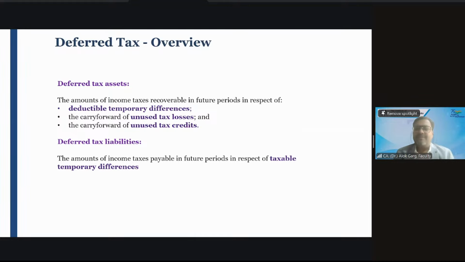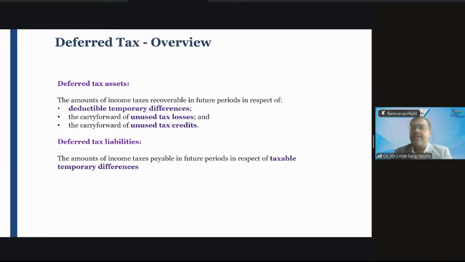You read this in AS 22. When you have business losses, on the carry forward of business losses, you can create a deferred tax asset. Why are we creating a deferred tax asset on the business losses? Because we will carry forward and set off against the future income. Today you have a 1 lakh rupee taxable loss.